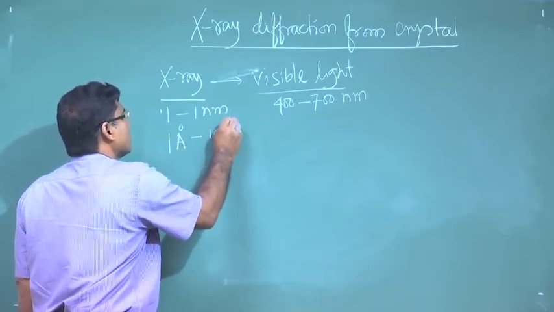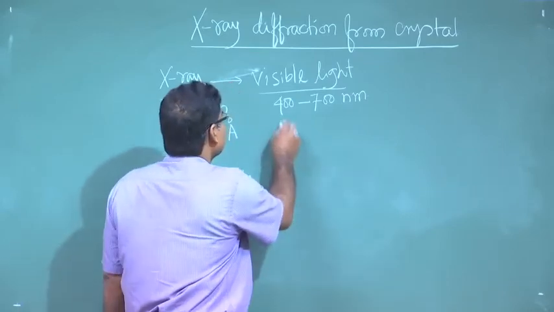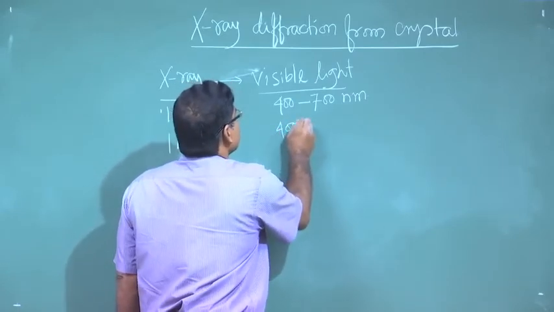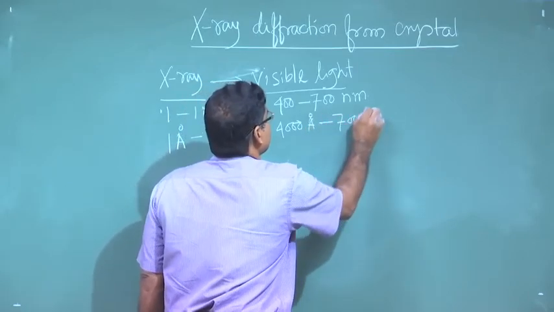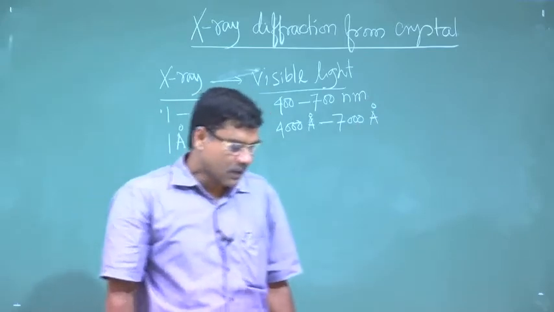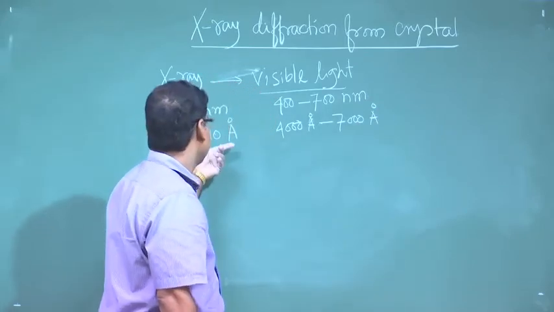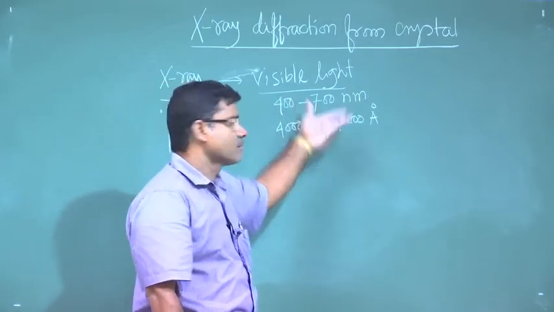In angstrom unit one can write 1 angstrom to 10 angstrom, and this 4000 angstrom to 7000 angstrom. So, it is very small wavelength compared to this visible light.